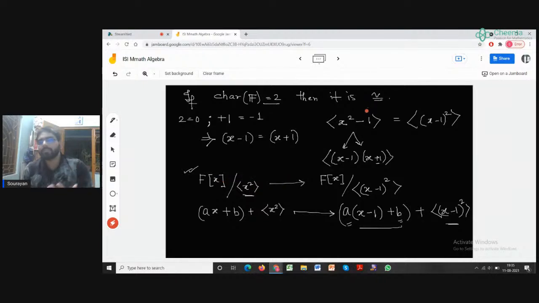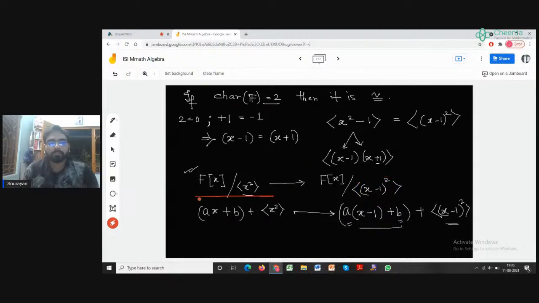Okay, and let's just assume that in this characteristic 2 field we have a well-defined notion of roots of equations. So F[x] modulo x square is nothing but the 0 point, and F[x] modulo (x minus 1) whole square will be nothing but the point 1 in a line.